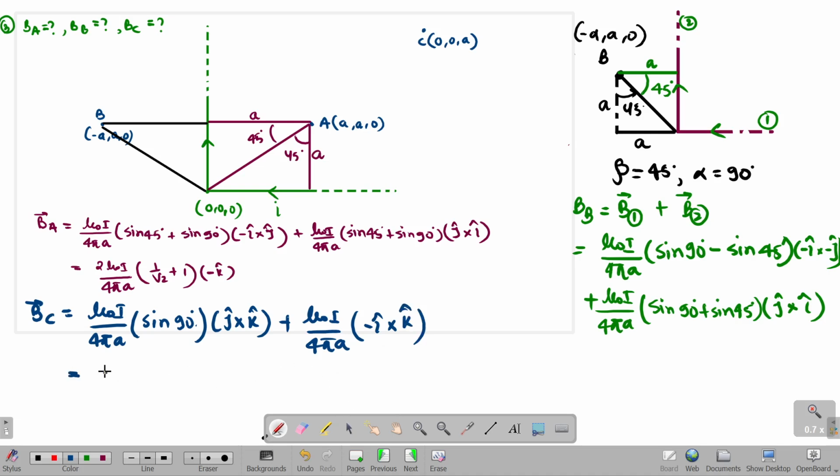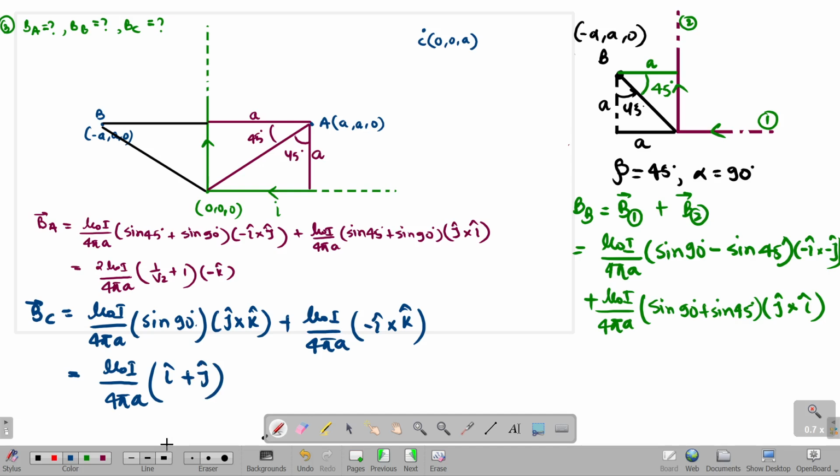So this is mu naught I by 4 pi A common. J cross K is what? J cross K is I, and I cross K is minus J, minus minus plus.